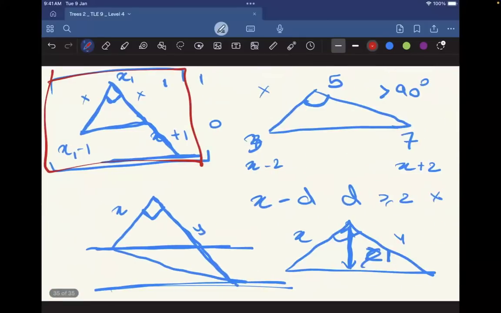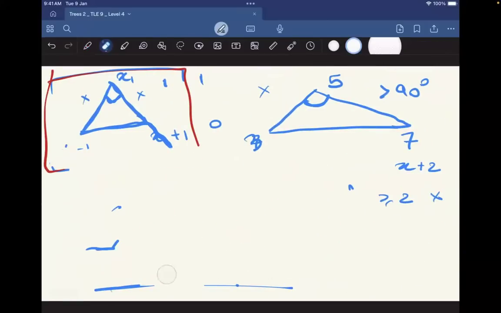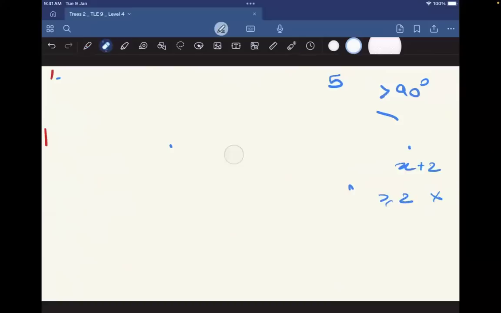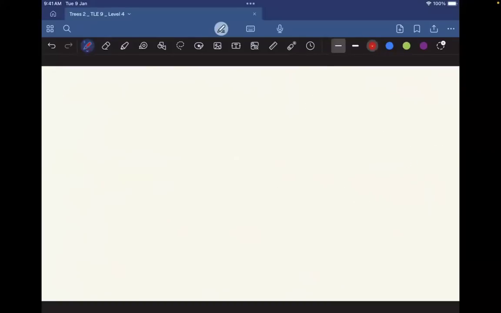So let me just recap for people who didn't understand, and then I will quickly take this ahead. So first thing, guys, for x minus 1, x plus 1, and x, it is possible. And this is 90 degrees.